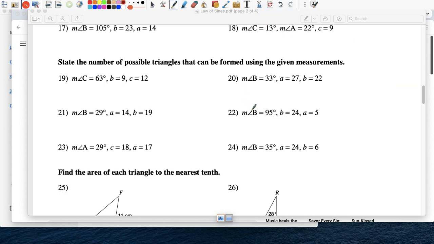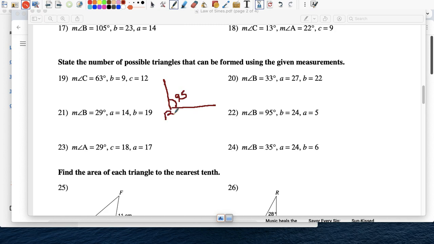And then I'm going to do another one. All right, so let's draw it out. Again, imagine this is the floor of the classroom. We measure 95 degrees.